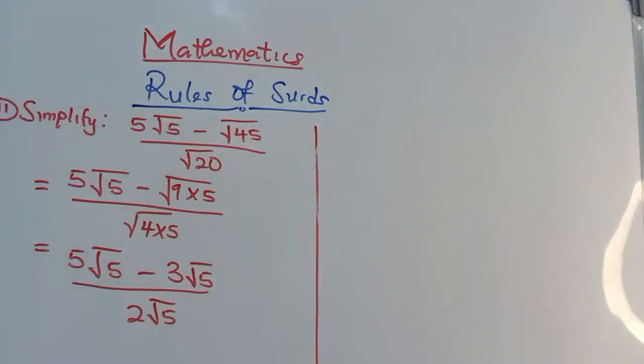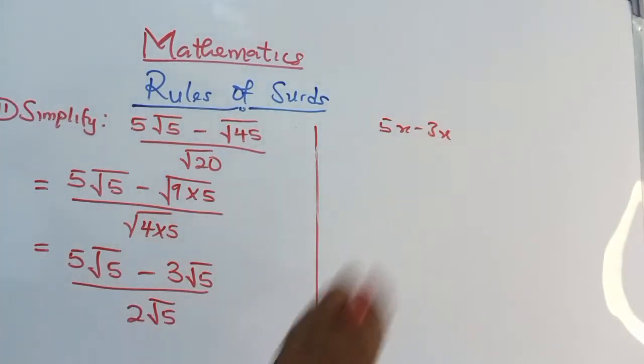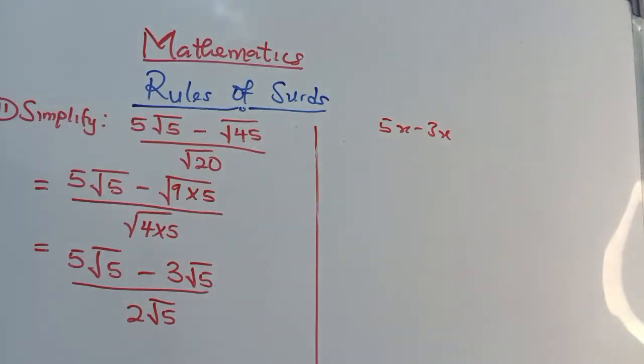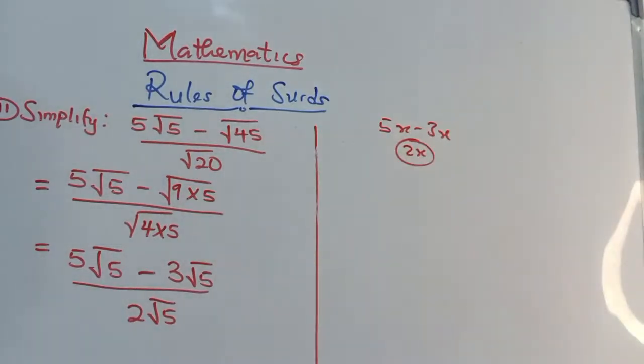Okay, now from here, 5 root 5 minus 3 root 5 is 2 root 5. It's equivalent to saying 5x minus 3x will give us 2x. So that is what we are doing.